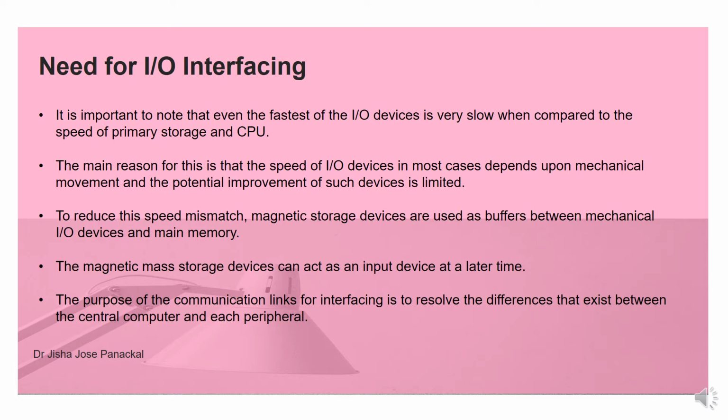To reduce the speed mismatch, magnetic storage devices are used as buffers between mechanical IO devices and main memory. The magnetic mass storage devices can act as an input device at a later time. The purpose of the communication links for interfacing is to resolve the differences that exist between the central computer and each peripheral. So we need separate communication links for interfacing between the computer and each peripheral device.